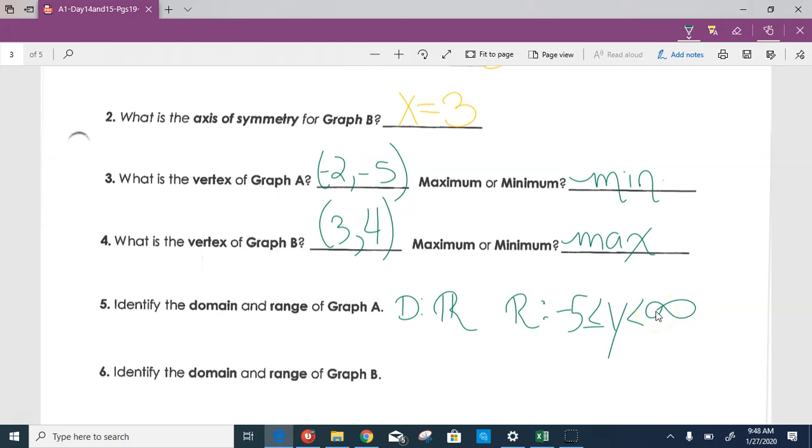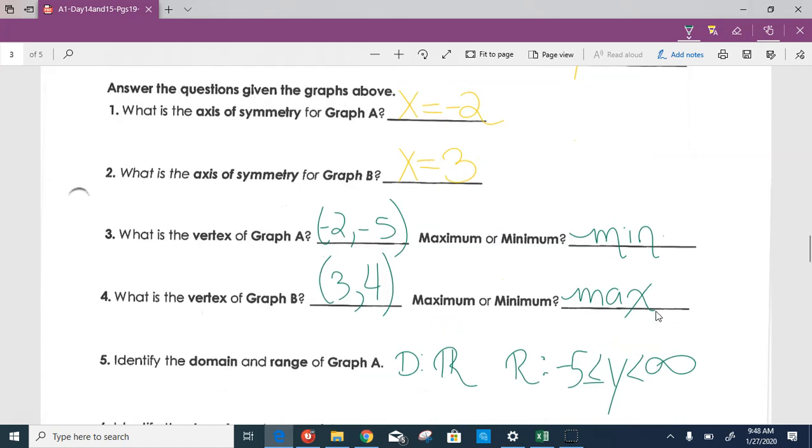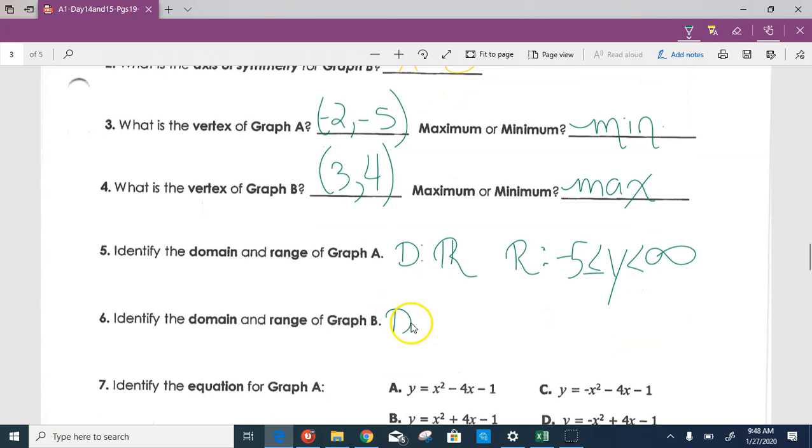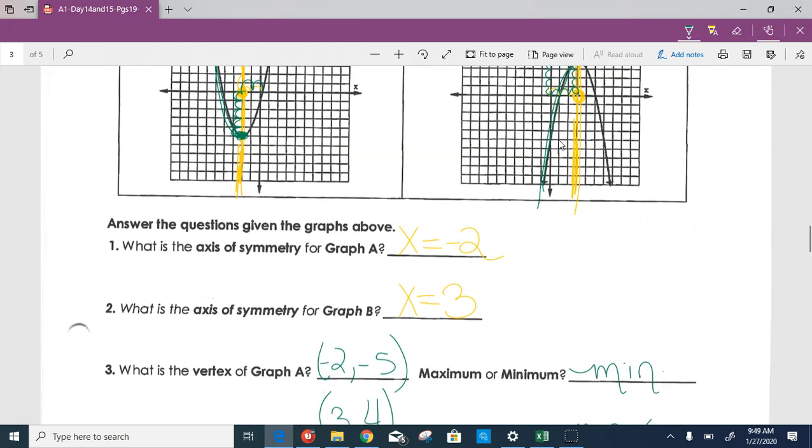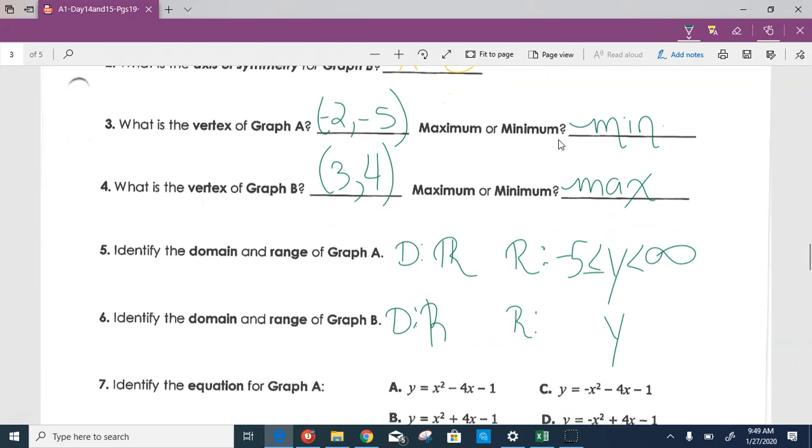How about the domain and range for graph B? Well, the domain, and I keep going back and forth, sorry, is all real numbers. However, the range, that's the y value, it hits the highest value right here at +4. So it hits a highest value of +4 before it goes back down to negative infinity, downwards forever.